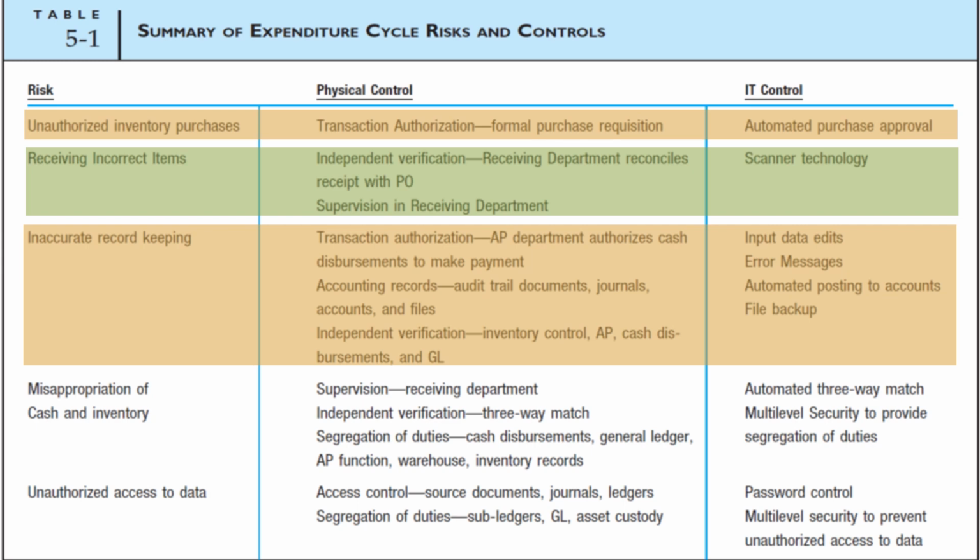Also, the second control activity is accounting records, having the audit trail: documents, journals, accounts, and files, as well as the general ledger and so on. And then independent verification: we have inventory control, accounts payable, cash disbursement, and general ledger. We review the matching of the items, which we call vouching or tracing.